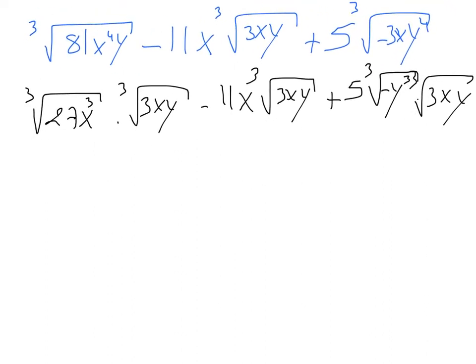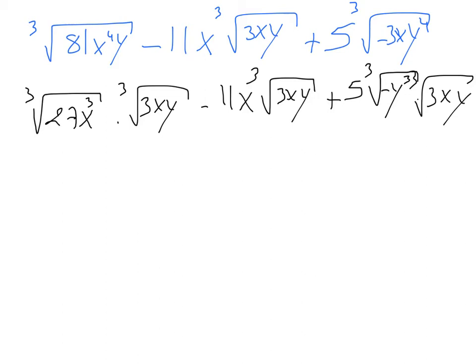Well, obviously we know the third root of 27. We know that 27 is 3 to the power 3. So let's take one by one here.